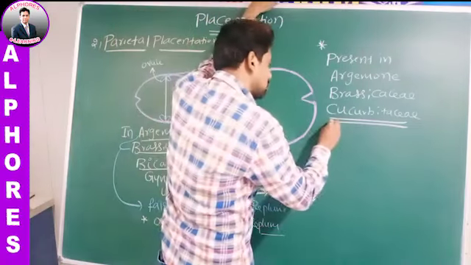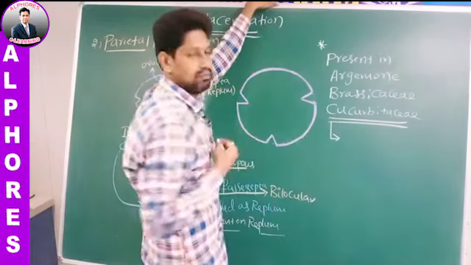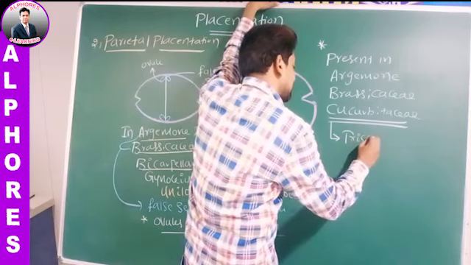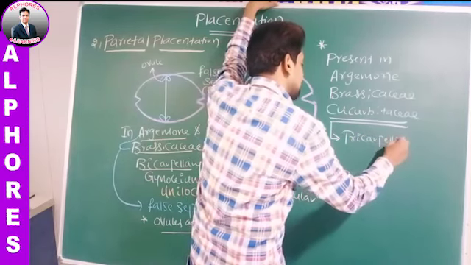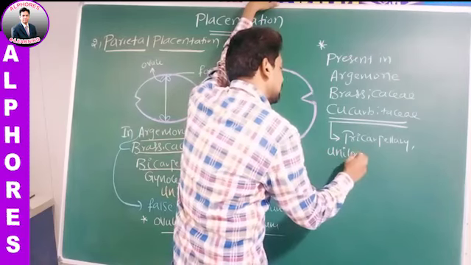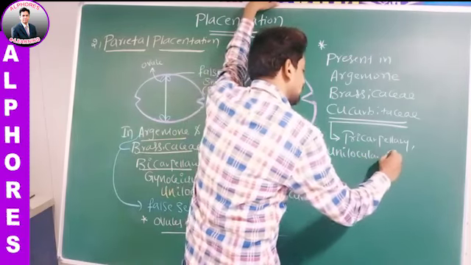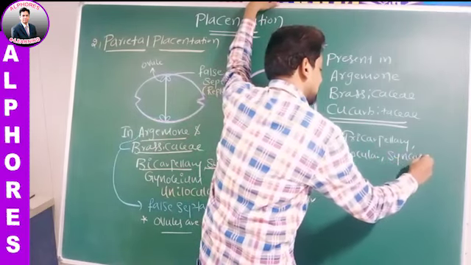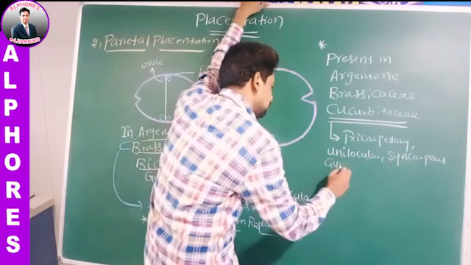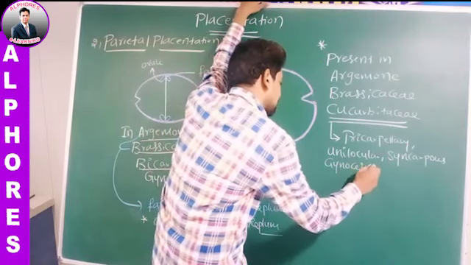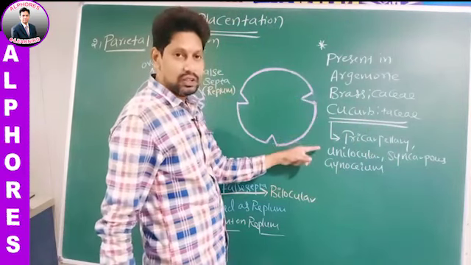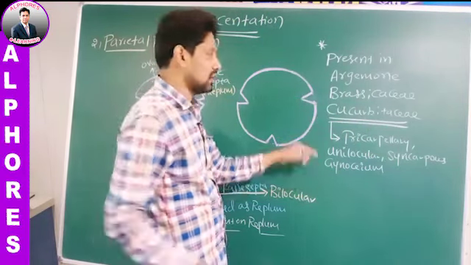So in Cucurbitaceae, the gynoecium is tricarpellary, unilocular, syncarpous.